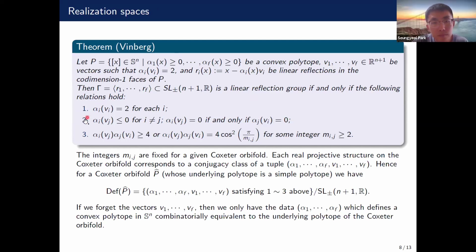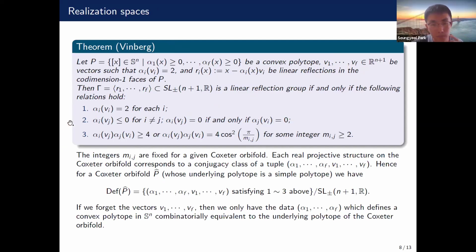Those are basically linear equalities and inequalities, and some quadratic equalities or inequalities. Each configuration of α1 to αf and b1 to bf gives us a real projective structure on the orbifold P. So to compute the deformation space, we need to find all configurations of α1 to αf and b1 to bf satisfying these relations.